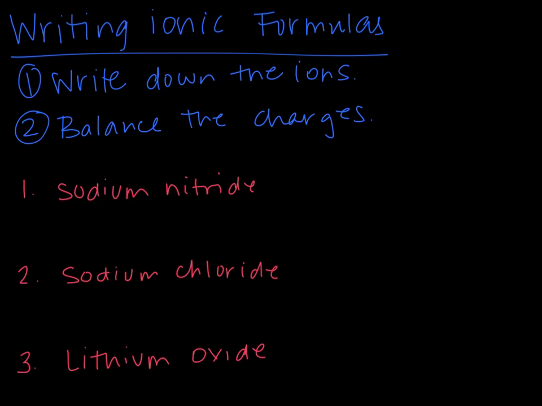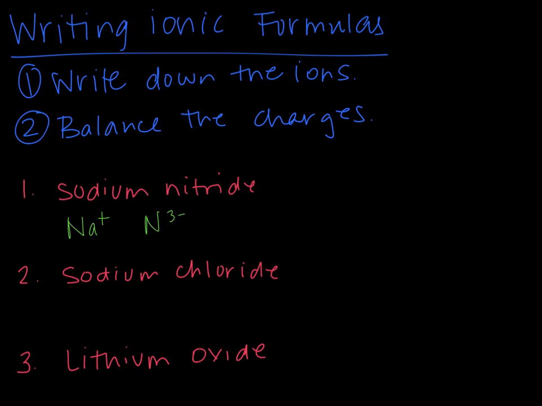All right, so now we're going to write the formulas for those compounds that we just wrote the names of. So you can see where the subscripts, the little numbers, came from. All right. So the first thing you have to do to write the formula is write down the ions. So sodium's ion, sodium is +1, and nitride is N3 negative.